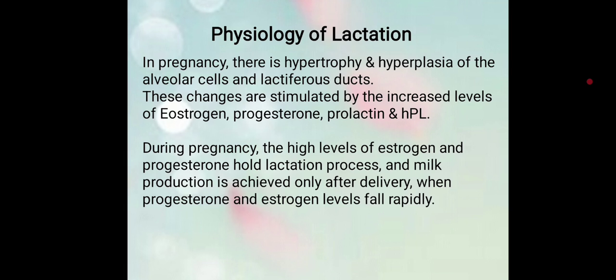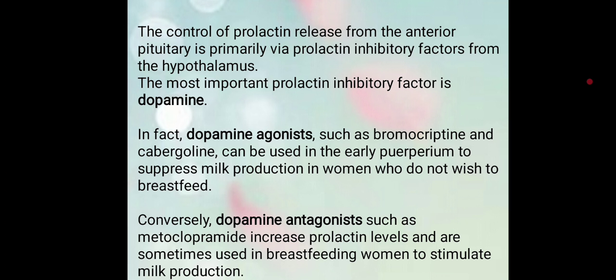To understand physiology of lactation, we'll talk about prolactin and oxytocin. Prolactin is a polypeptide hormone released from anterior pituitary controlled by prolactin inhibitory factors from hypothalamus. The most important prolactin inhibitory factor is dopamine. So, dopamine agonists will suppress milk production and dopamine antagonists will stimulate prolactin production.